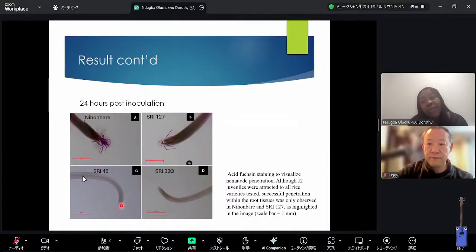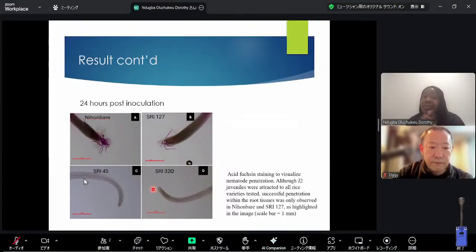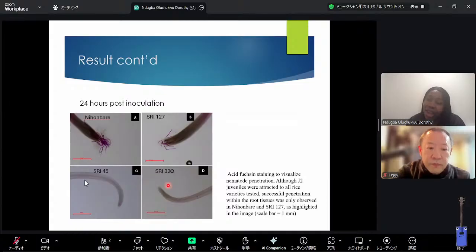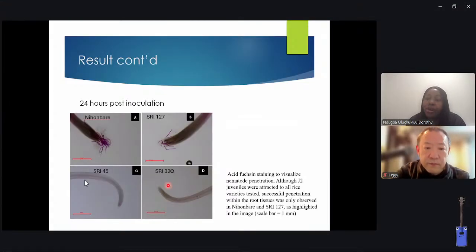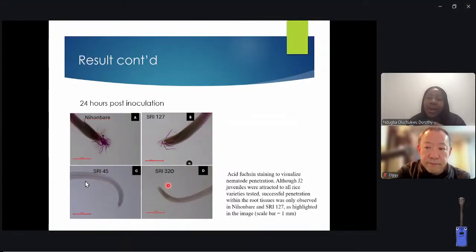But for SRI 45 and 32, although during the 5 hours post-inoculation they attracted nematodes to the roots, during the 24 hours post-inoculation there was no penetration. For them not to have penetration shows that these rice varieties are resistant to nematodes.